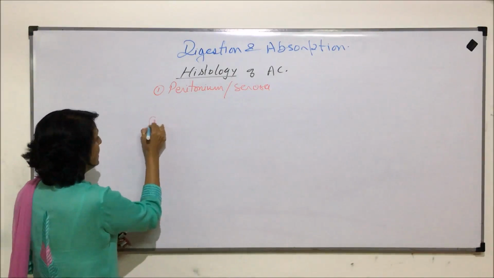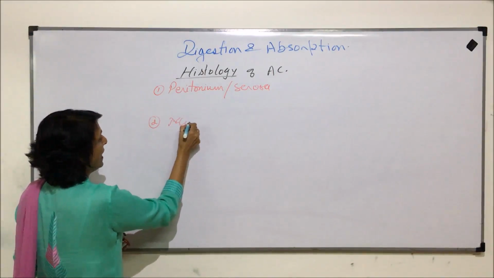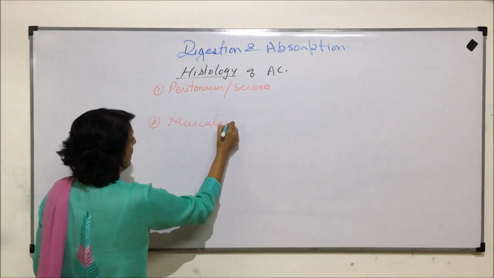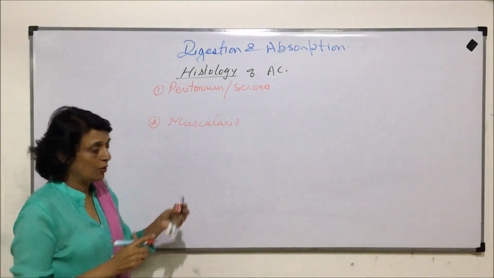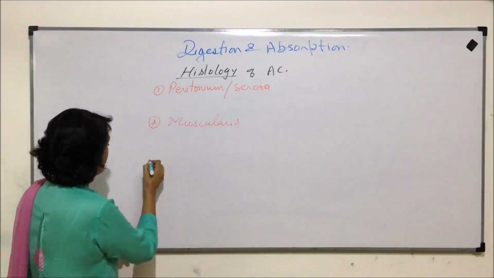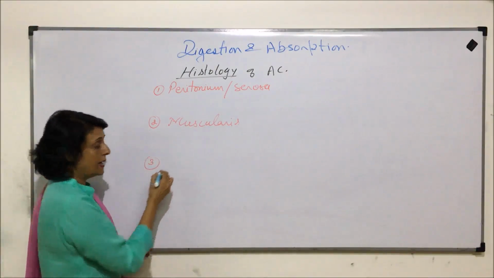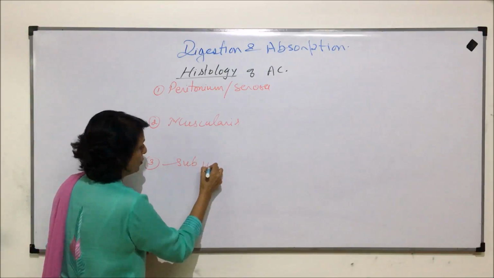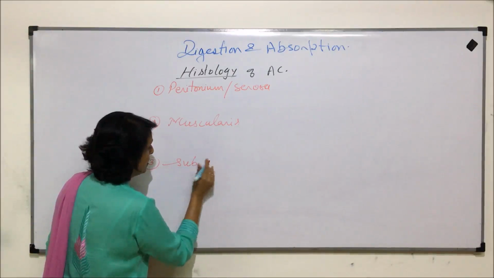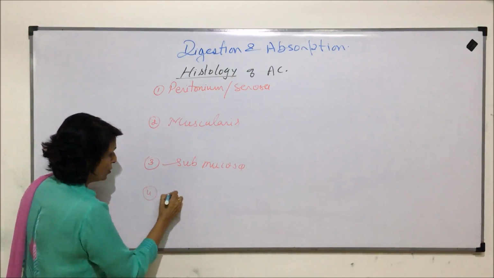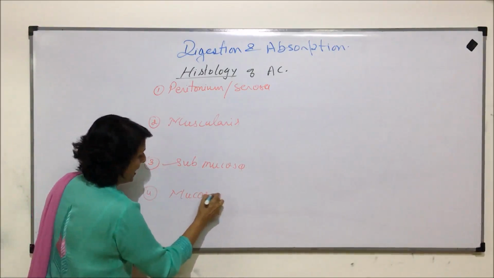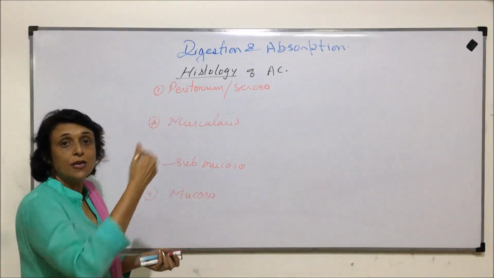The second layer is called muscularis, and as the name tells us, this is the muscular layer, and we'll go into details of this. The third layer is submucosa, and the innermost is mucosa, and this is from outside in.